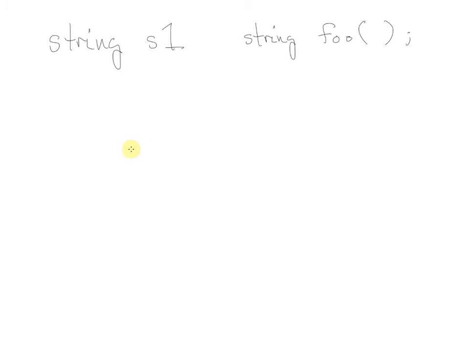So we have another function, we'll call it omega. We got a function called omega, and we want to bind to a temporary. We want to use omega like this: omega(foo()).